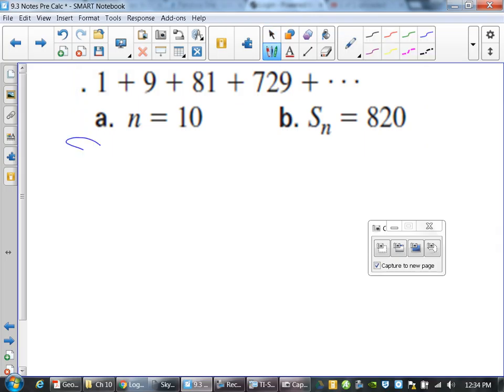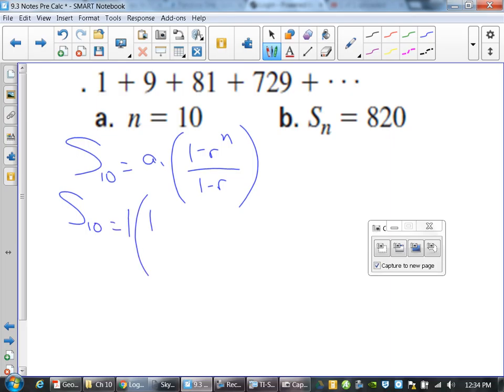So find the sum of 10. First term, 1, times 1 minus the rate to the n, over 1 minus the rate. So the sum of 10 of them is 1 times 1 minus, what's our rate? 9 to the 10th power, over 1 minus 9.